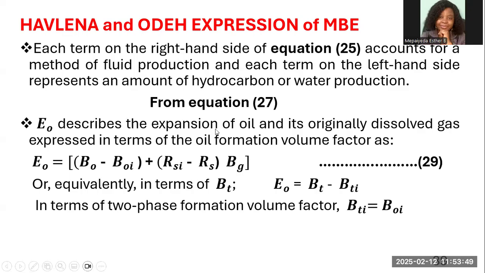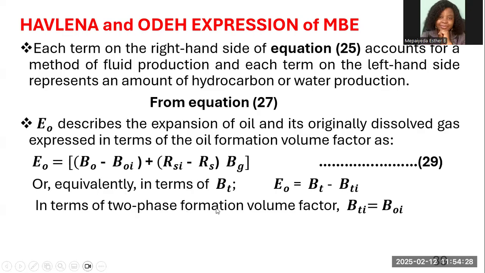Then your Eo describes the expansion of oil and its originally dissolved gas expressed in terms of the oil formation volume factor. Okay, this is your Eo. Then when you have Bt as the two-phase formation volume factor, your Eo will be Bt minus Bti. So if you rearrange this, you have your Eo to be Bt minus Bti.